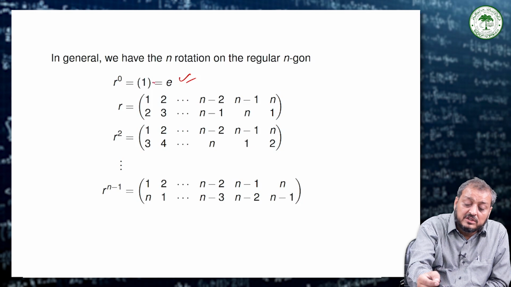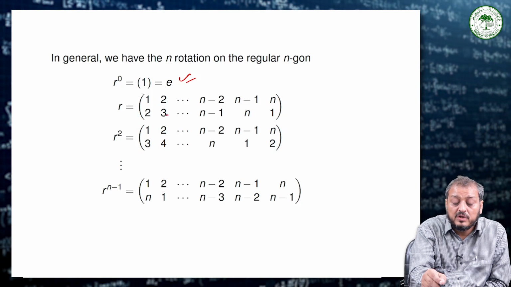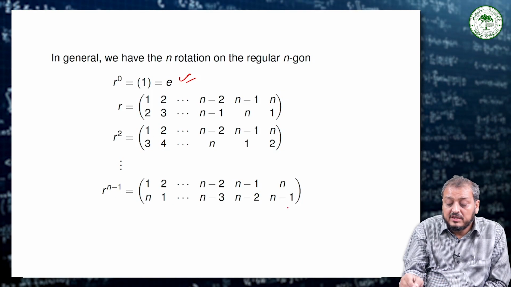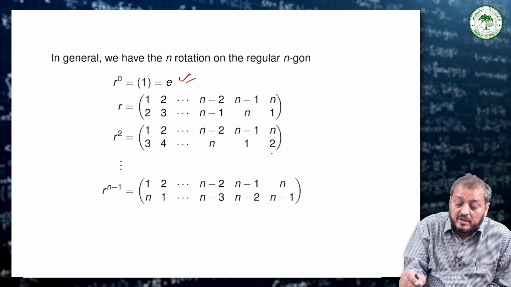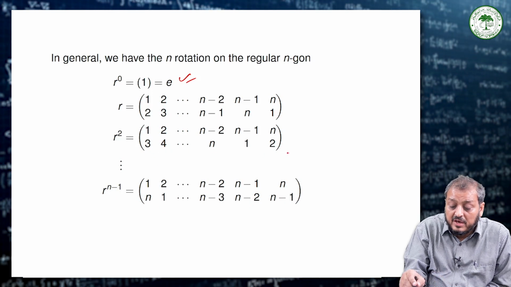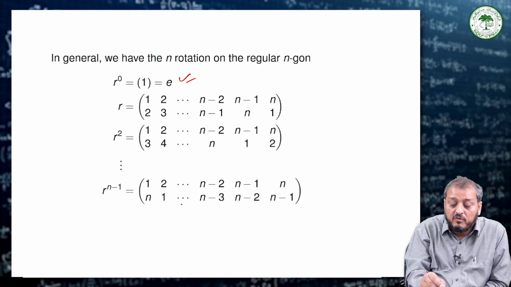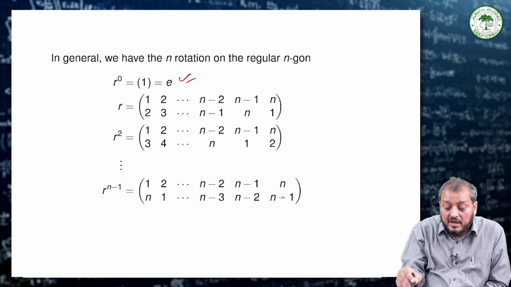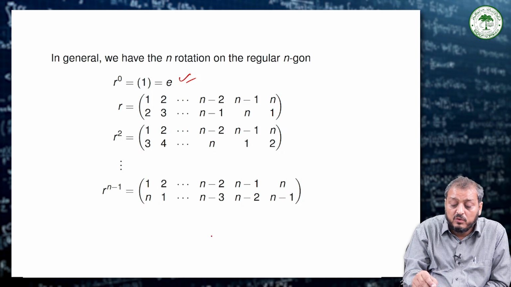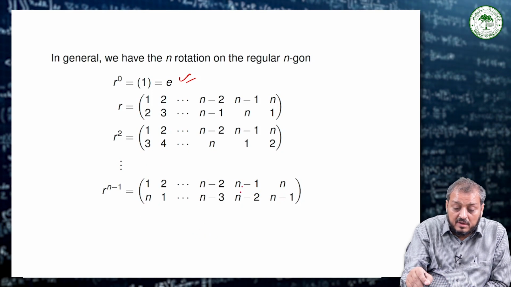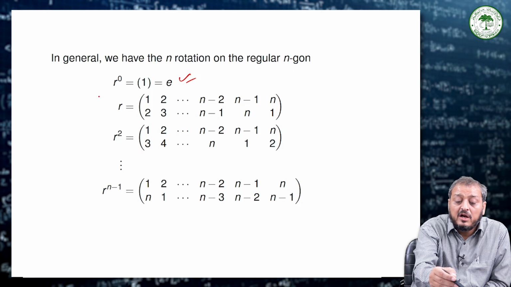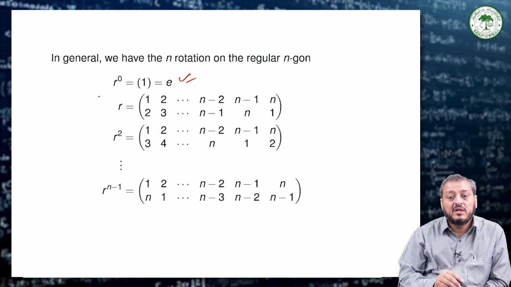Then we take r square, and go again in this way, up to r to the power n minus 1, again in this form. Similarly we go from n to 1 and so on, and if we go to r to the power n, similarly we get the identity.